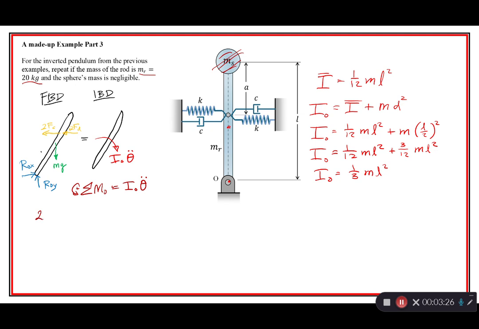It's going to go 2k times (L minus a) squared theta plus 2c times (L minus a) squared theta dot minus L over 2 mg theta equals negative 1/3 ml squared theta double dot.